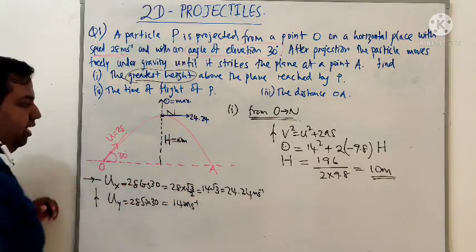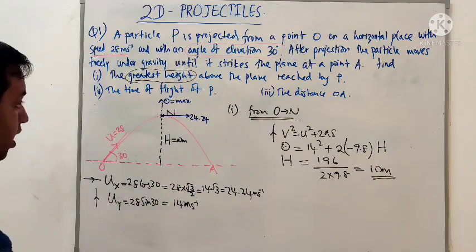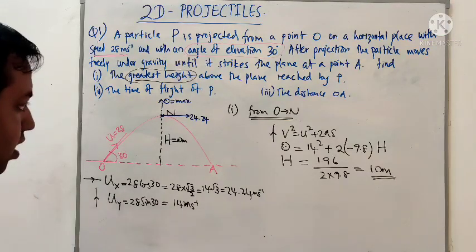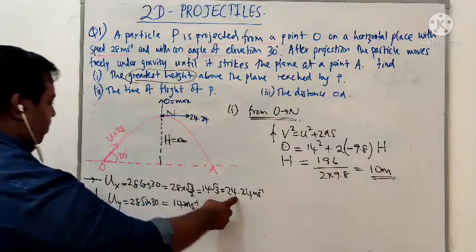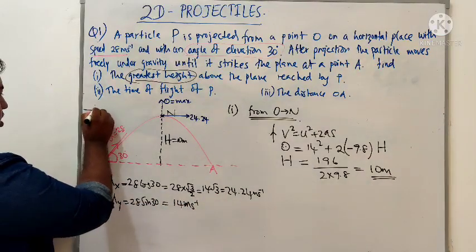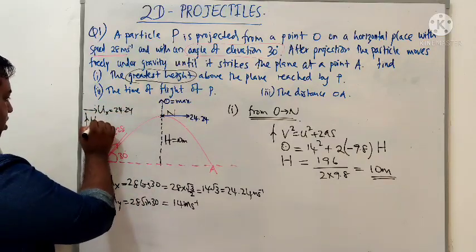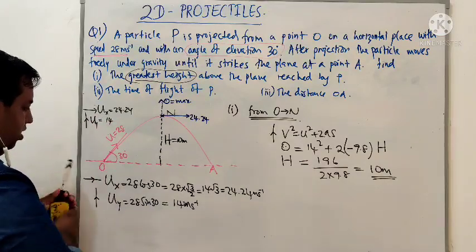Next one, Roman 2, the time of flight of P, time of flight from O to A. I can mark ux is 24.24, and uy is 14. So I need these two values.